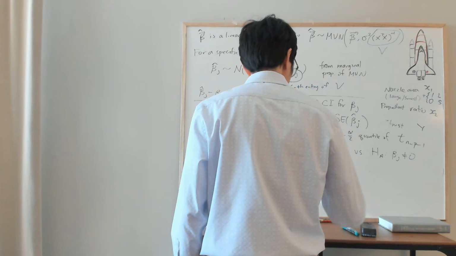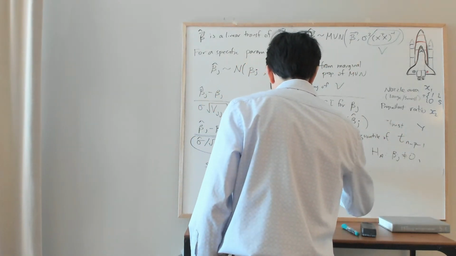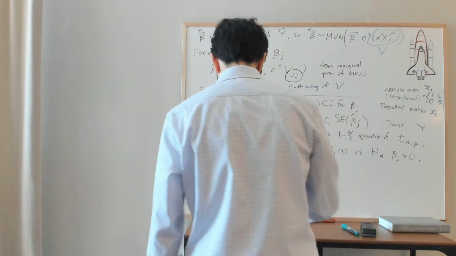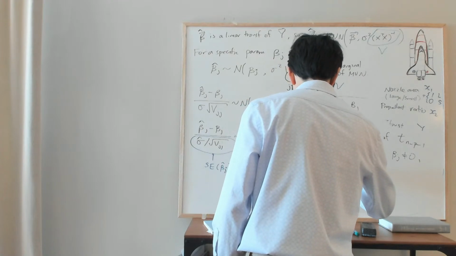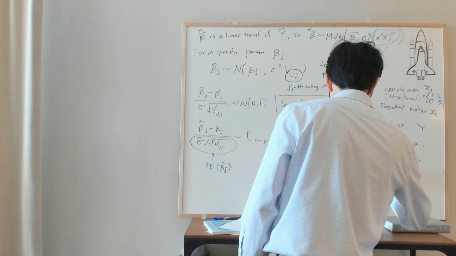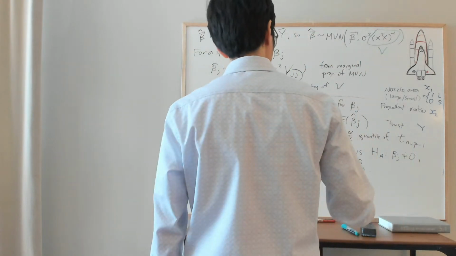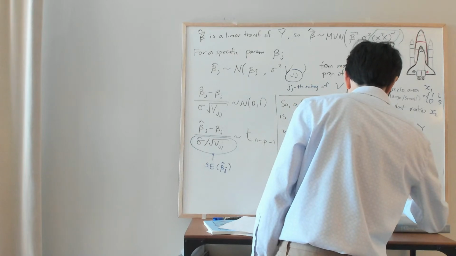We calculate the t statistic: we take the estimate for beta j and divide by its standard error.